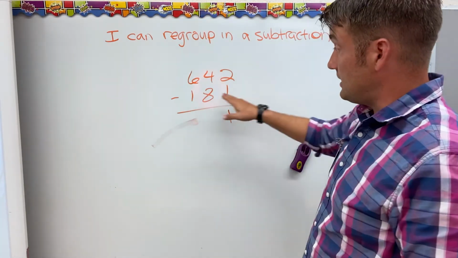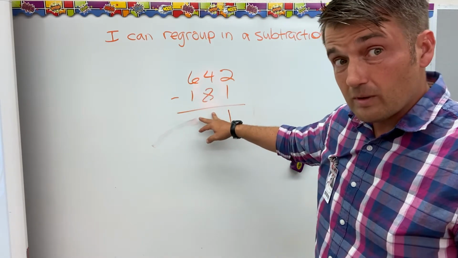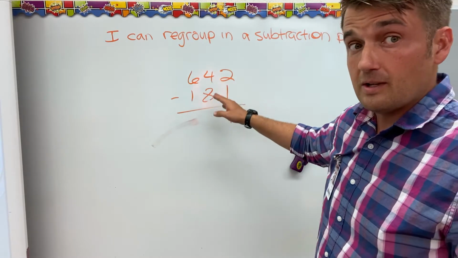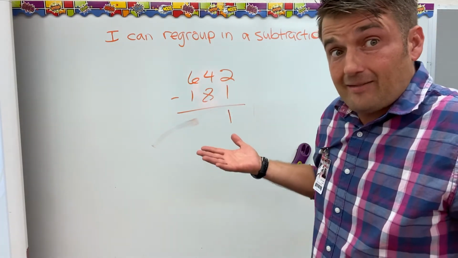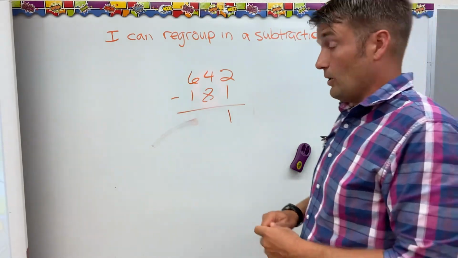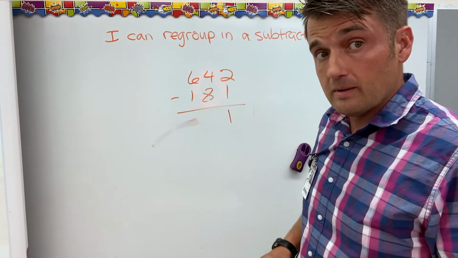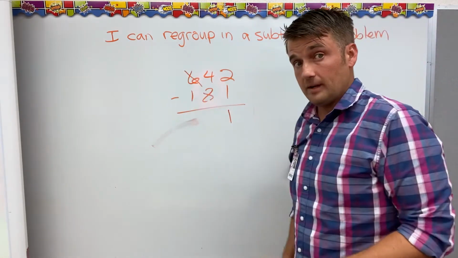But when I go to the tens here, 4 and 8, 8's more than 4. That's a bigger bottom, right? I have $4. My friend wants 8. I don't have enough, right? So what do I do? I go to my neighbor. You always go to the neighbor. So the neighbor was 6. He's going to give me 1.